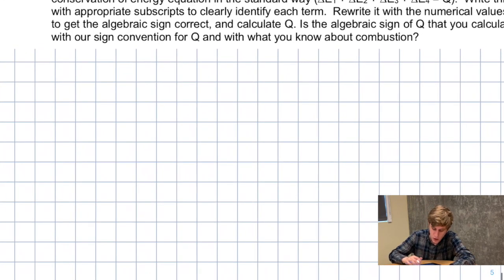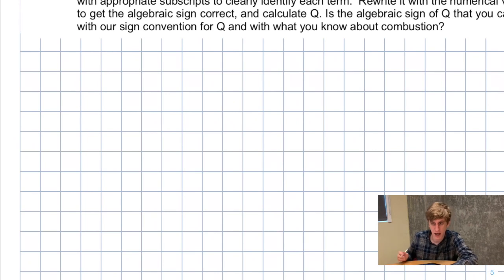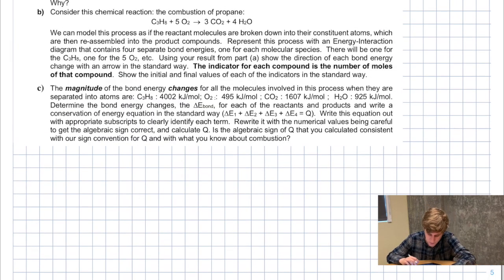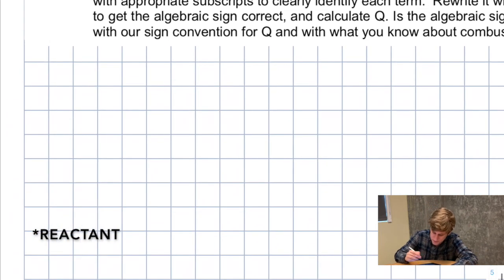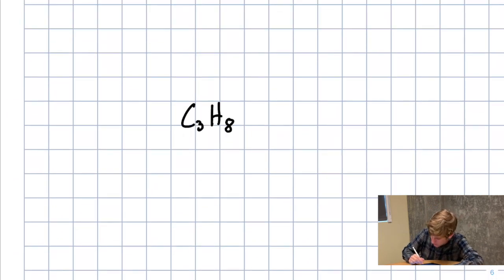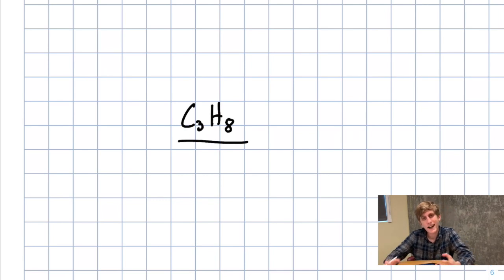Let's draw out what this looks like in an energy interaction diagram. We'll start with the first reactant, the propane. Because it's on the reactant side, we're pulling apart the propane into all its individual pieces.